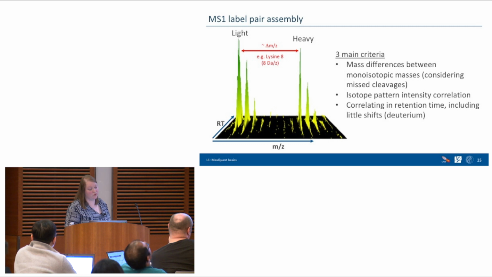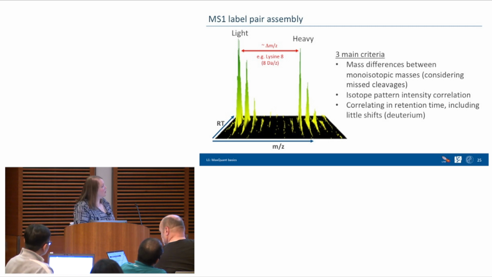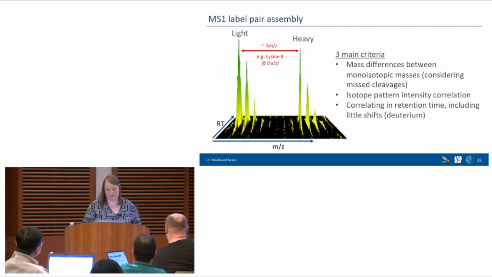If you have charge 1, you know this is 8 Dalton apart. It can of course also happen that you have miscleavages, and then you suddenly have 2 lysines in your peptide, so for charge 1 it's 8 times 2, so 16 Dalton. You would expect that difference, and this helps you. This is the first criterion. Then we also look at the correlation of the isotopic patterns again, and also for the elution profile.